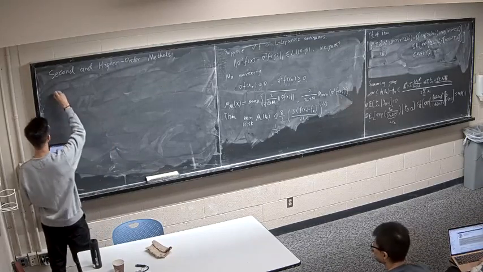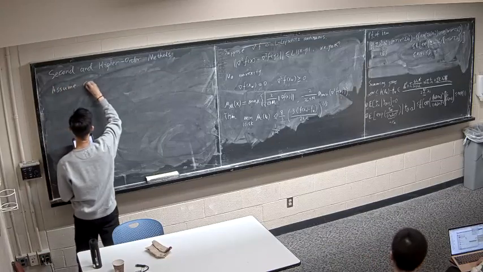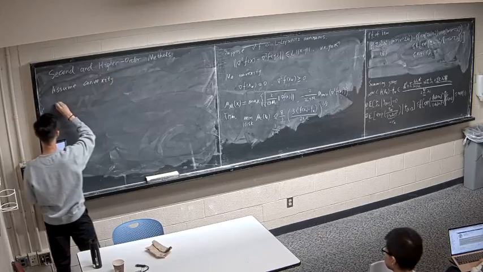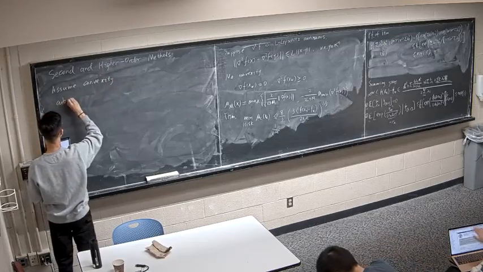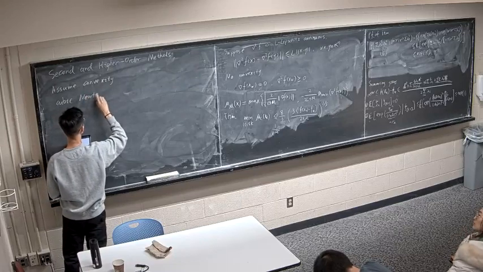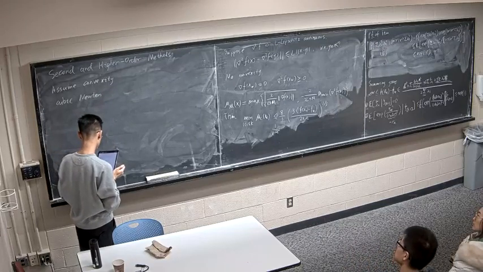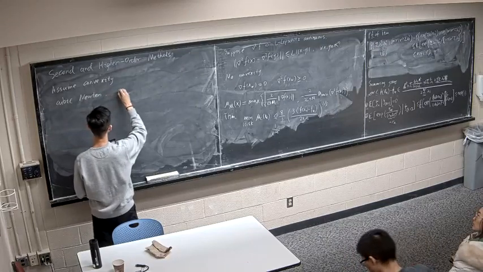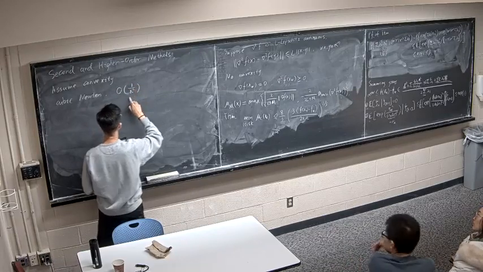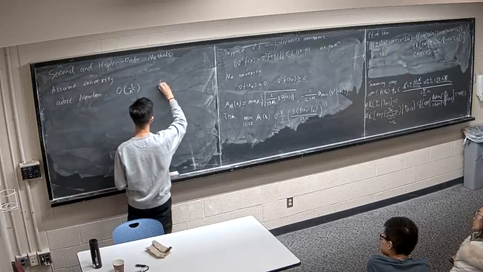So if you assume convexity, then for cubic Newton, the convergence rate will be 1 over k squared. This is in terms of function value.